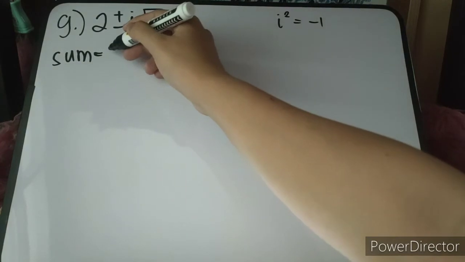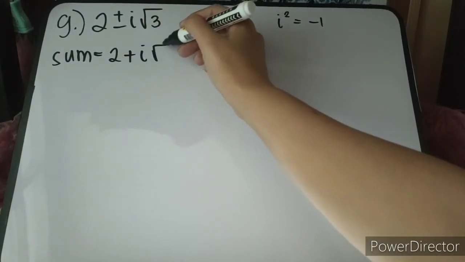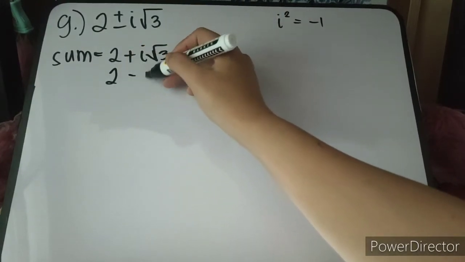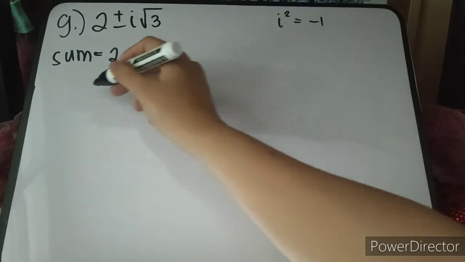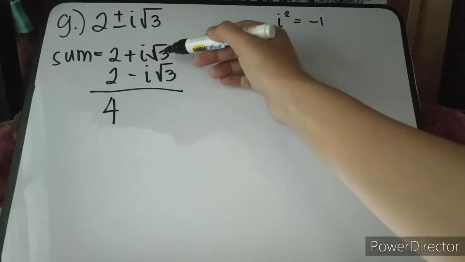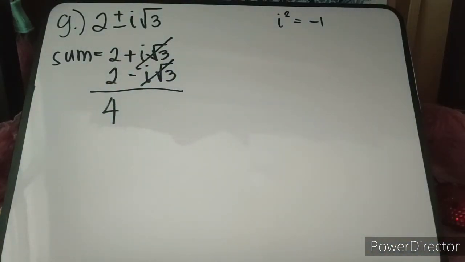So, kagaya kanina, but this time kasi may i tayo. Pero, hindi naman magbabago yon. So, we will have 2 plus 2 will give us 4. And dahil unlike sign to, it will give you 0. So, our sum is 4.